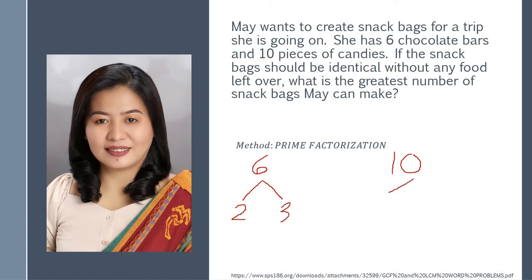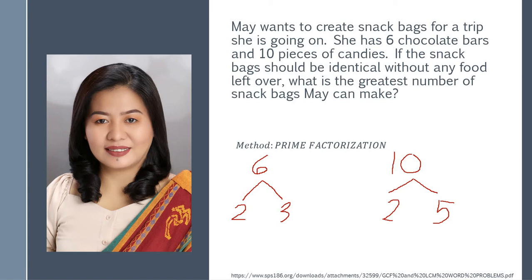The factors of 10 are 2 and 5. And we have all factors that are prime. We can no longer factor any of the factors that we have presented.